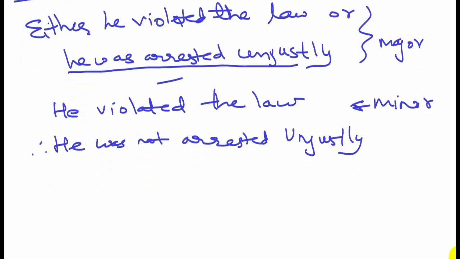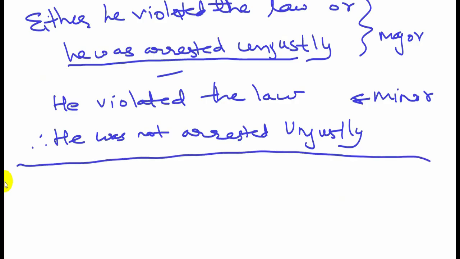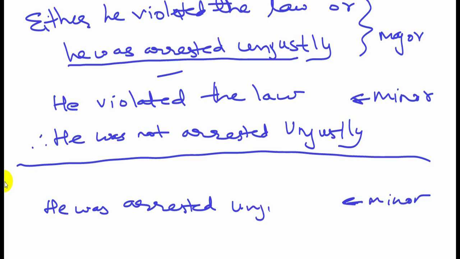In the second situation, we are affirming the consequent. This is the first part. In the second part, the minor premise is affirming the second alternative. He was arrested unjustly. So what will be the conclusion?